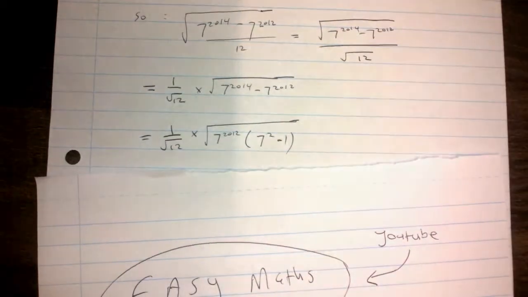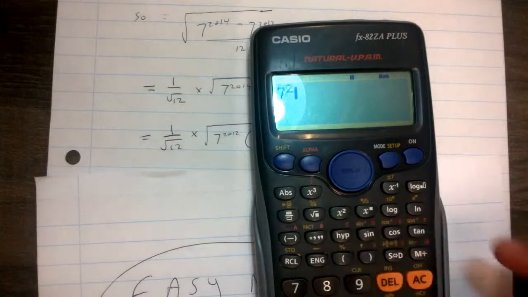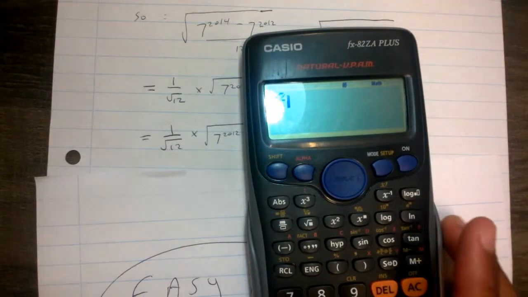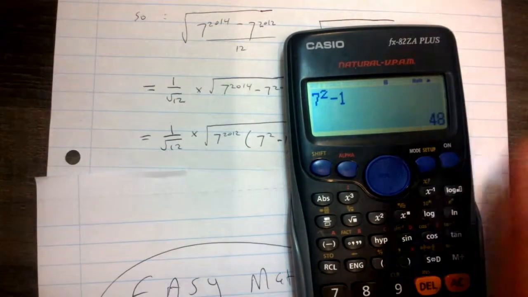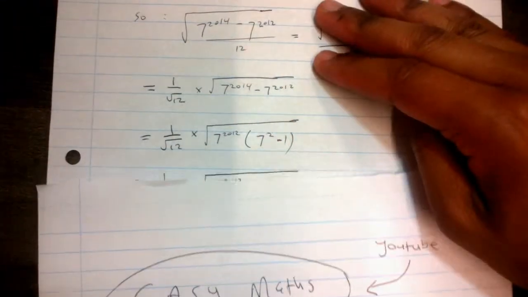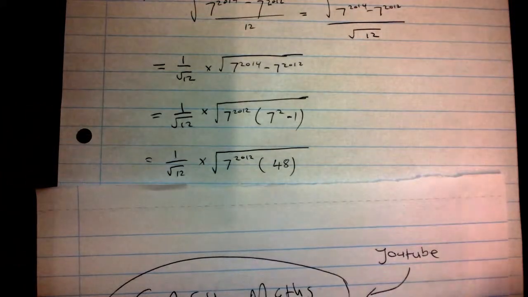Now if you take out your calculator and type in 7 squared minus 1, you do get 48. So this equals 1 divided by root of 12 multiplied by root of 7 to the power 2012 multiplied by 48.